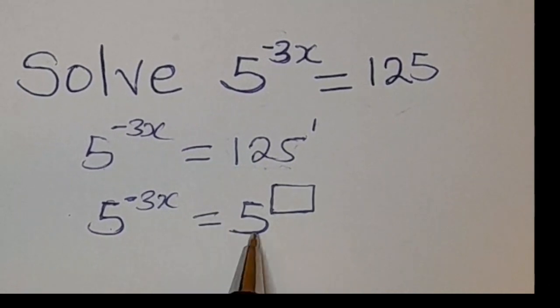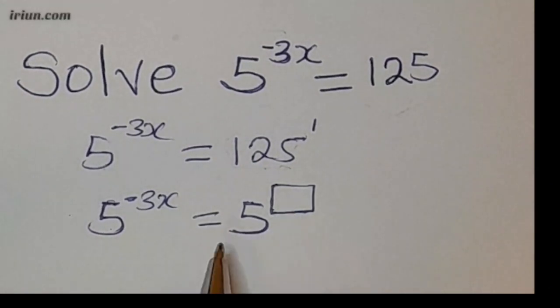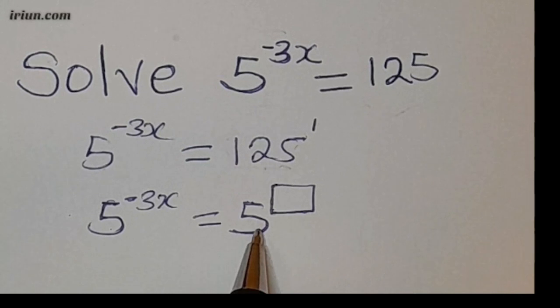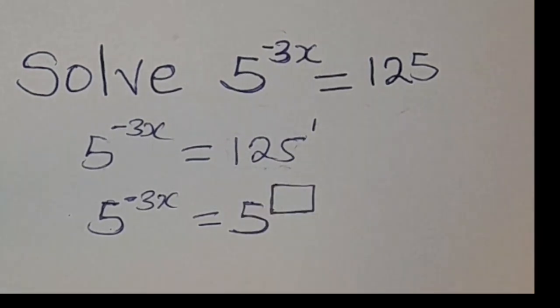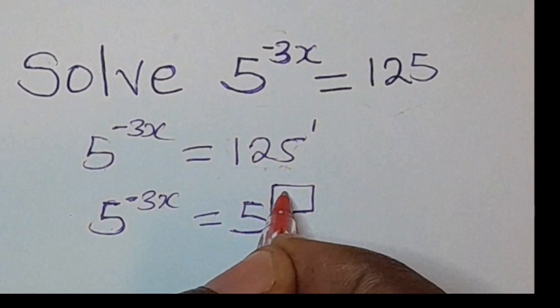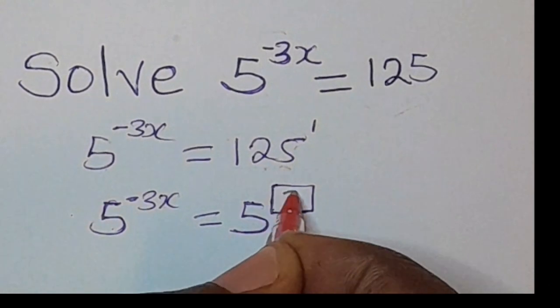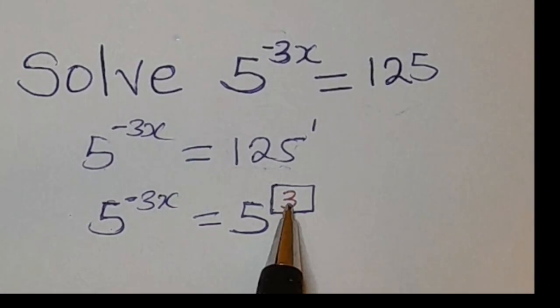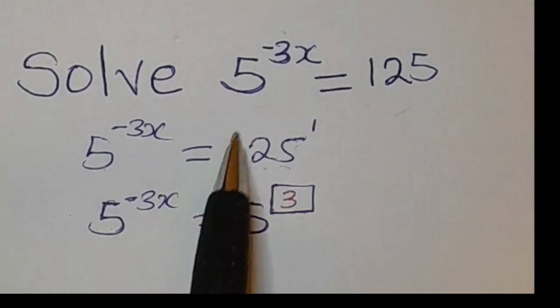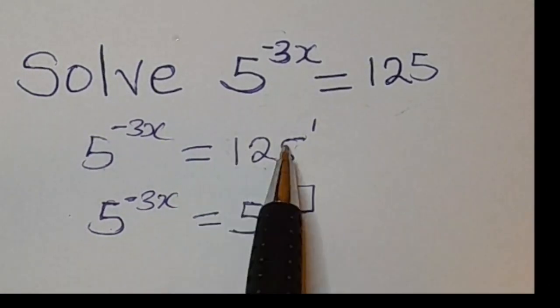What about 5 to the power 3? 5 to the power 3 is 5 times 5, which is 25, times 5, it's 125. So in the box, we are going to have a 3. So 5 to the power 3 gives us back 125.